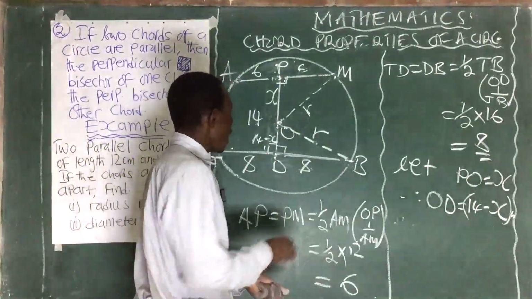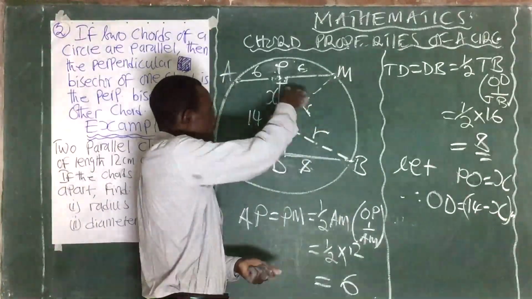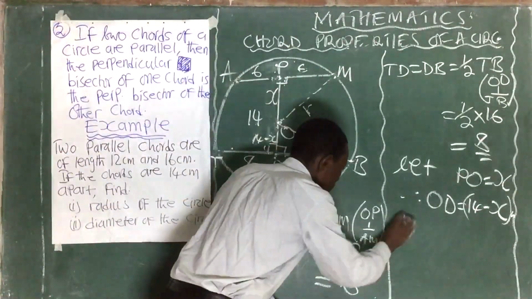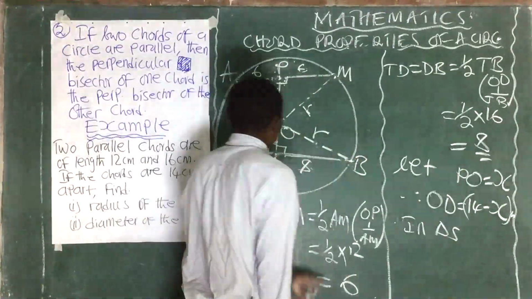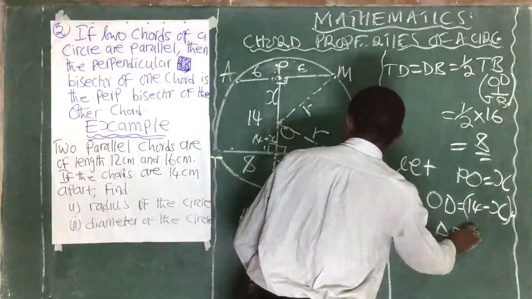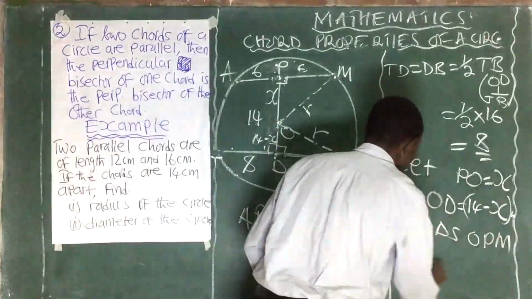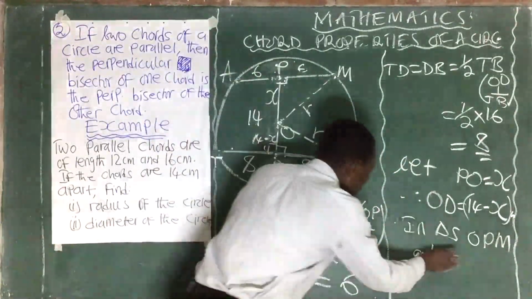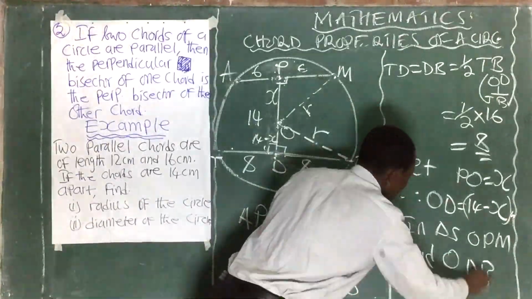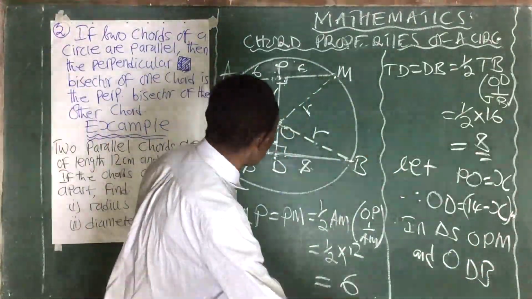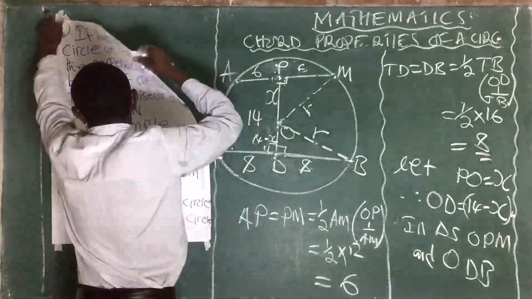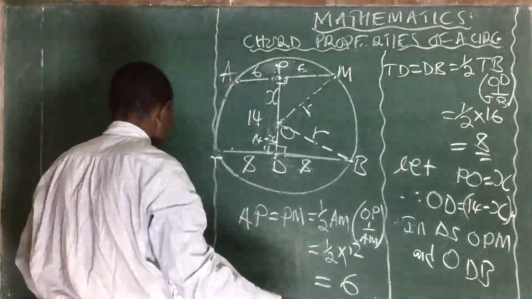So here we go. Having this one as R, this is X, this is 14 minus X. We have this in triangles OPM and ODB. The two triangles are right angled. Let me remove this chart here to create a space.